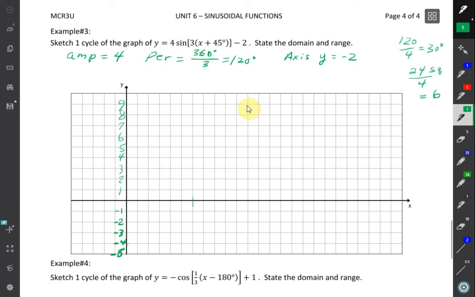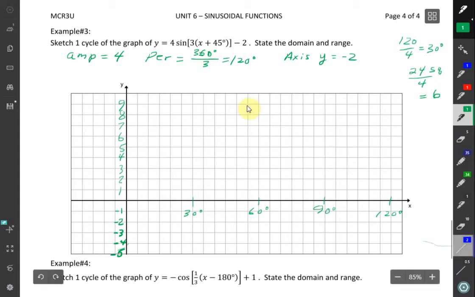So I'm just counting these off. 30, 60, 90, 120 degrees. And then I'll go back on the other side of the axis. Actually, we don't have 6 squares there, so I will leave that.